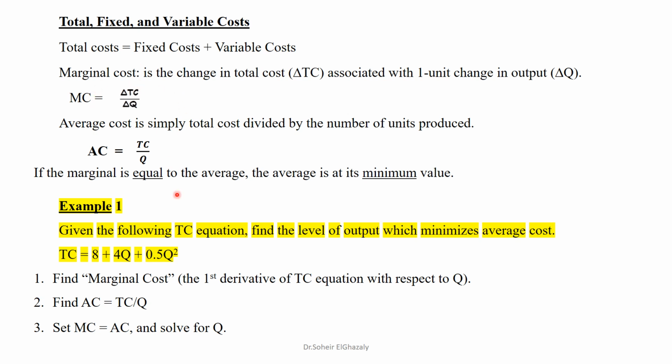In order to do the change, you have to take the first derivative of the total cost equation with respect to Q. They also need the average cost, which I'm not going to write; you have to memorize it. And another thing here, which I am going to write in the exam: marginal cost equals AC, and solve for Q, meaning with respect to Q. Marginal cost, this one, equals this one. This is the idea, because that's not always happening.